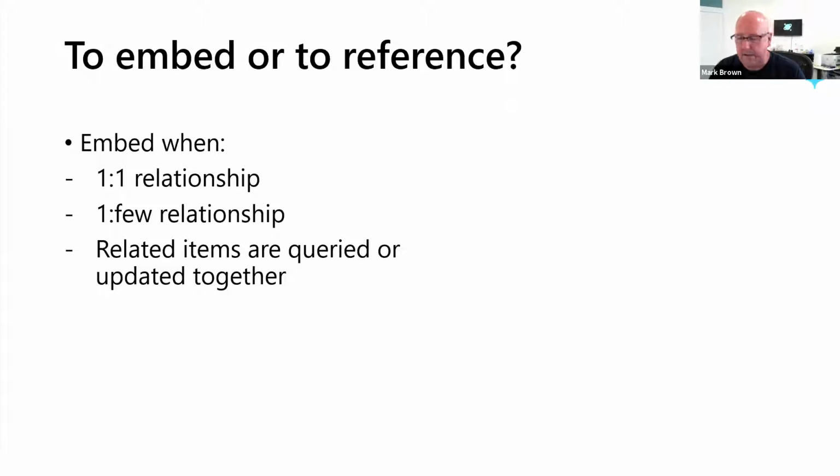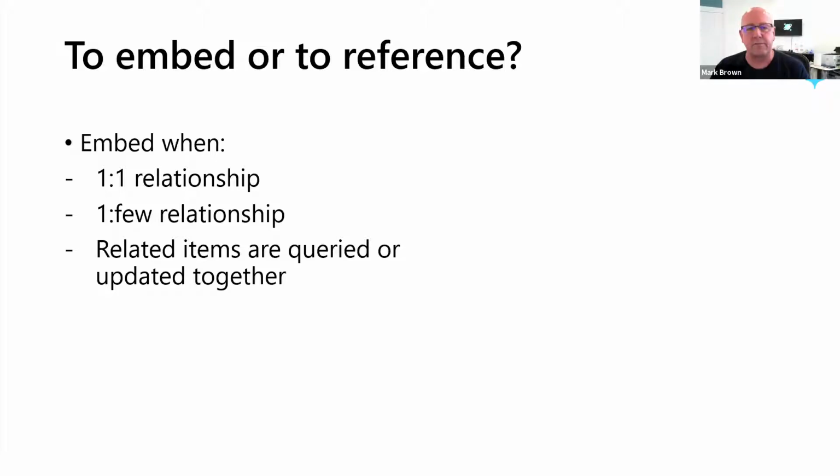Now, if you're asking what one-to-few is, it's a one-to-many, but it's a bounded one-to-many. For instance, the customer address: there's a one-to-many relationship in the traditional SQL modeling parlance, if you will, but it's not unbounded, right? In an e-commerce scenario, a customer doesn't have an unlimited number of addresses or an insane number of addresses. They have a handful, themselves, maybe their mom and dad, their aunts and uncles, whatever. So that's a bounded relationship, and we call that one-to-few.